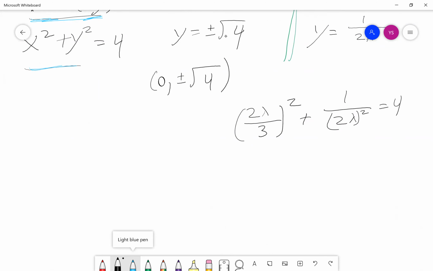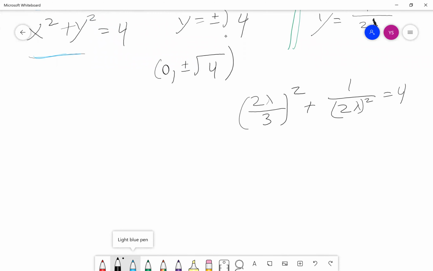Well, I made the problem up, so it might be a bit complicated, but we can definitely try. So we can say that (2 lambda) squared over 9.